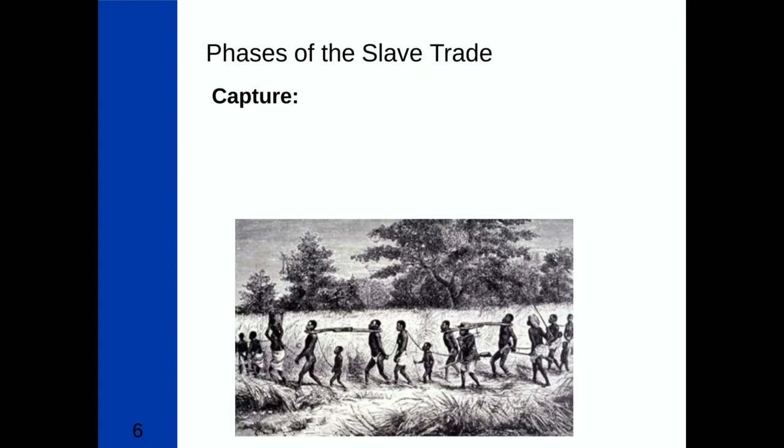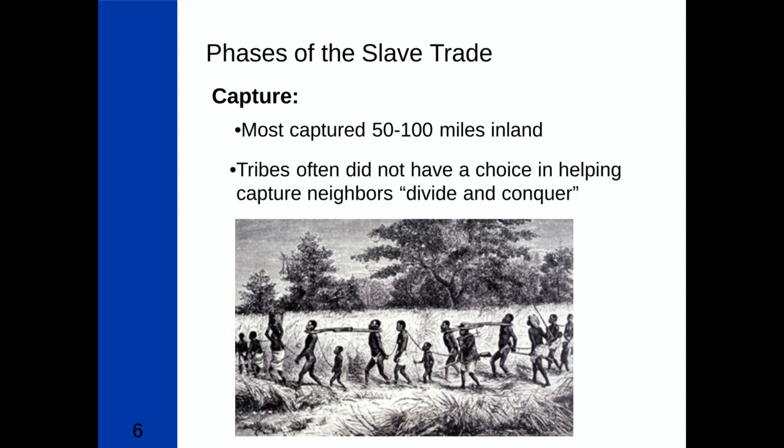So, what were the phases of the slave trade? And there's a couple of them, so be prepared to write these down. The first phase was capture. Most were captured within 50 to 100 miles inland in Africa. And usually these Africans were captured because there were warring tribes and they were prisoners of war.